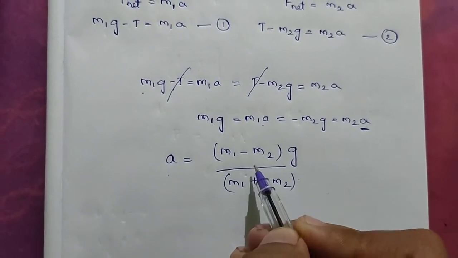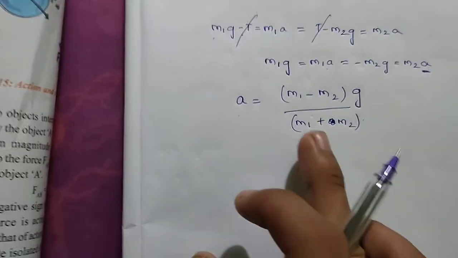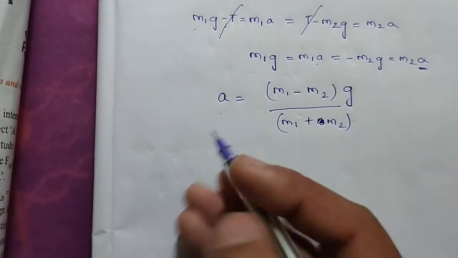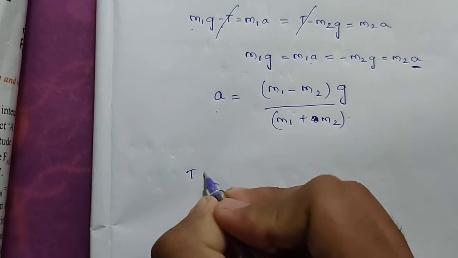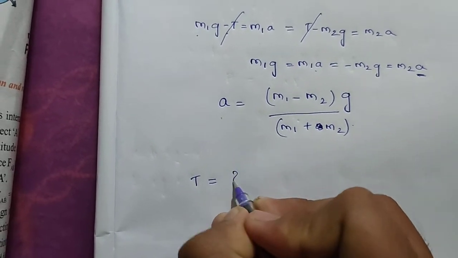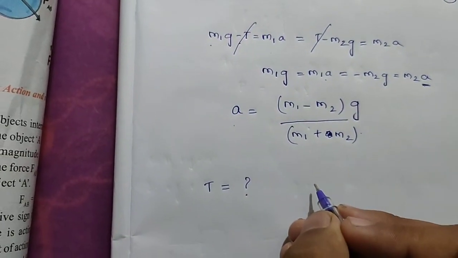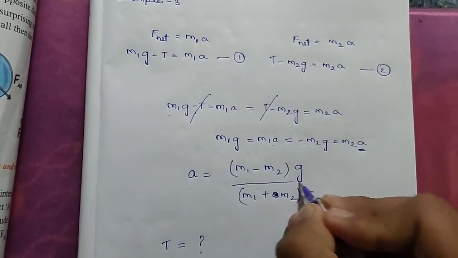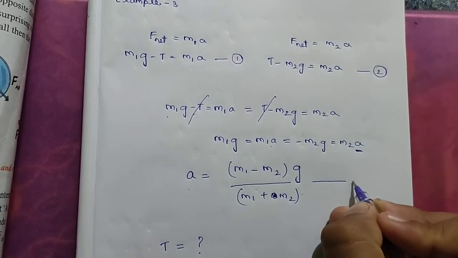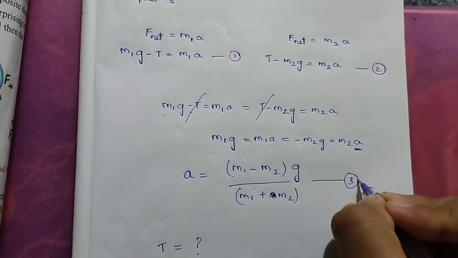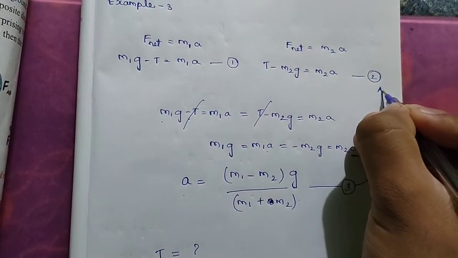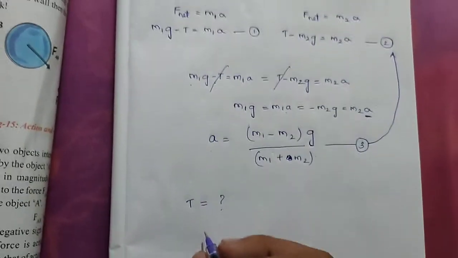Okay. So now I have the value of a, but if I need to calculate the value of T, what I have to do is insert this complete equation, this third equation, in equation number 2. So we'll solve it.